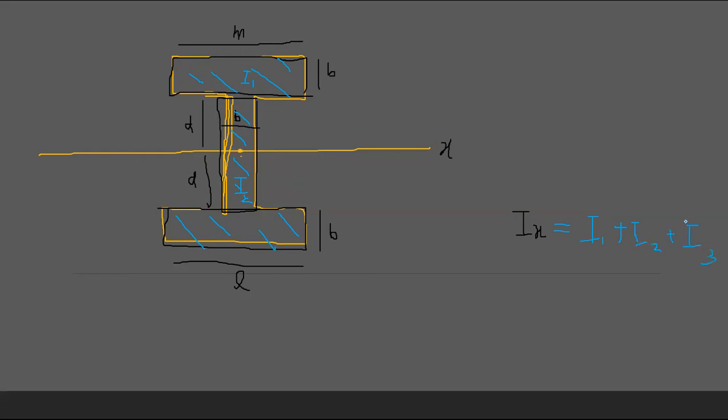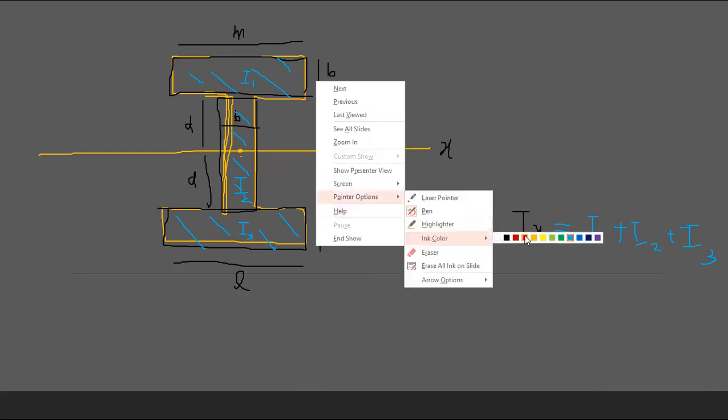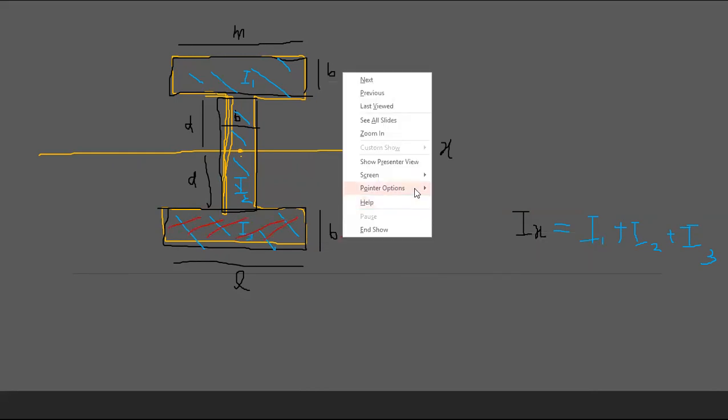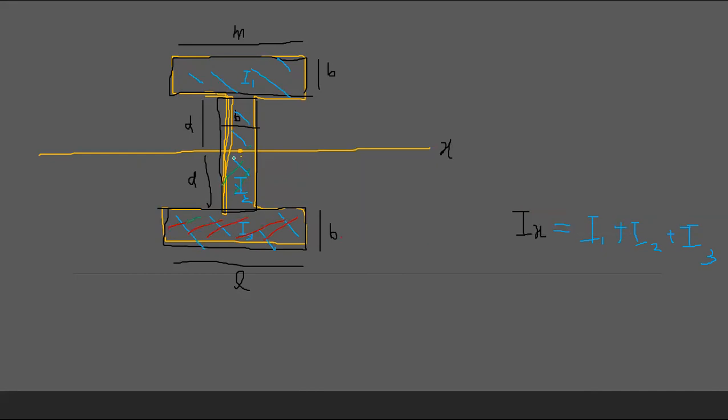If you find these three, because those are rectangles, you can easily find those. I will use a different color. This is for I3. This is for I2.